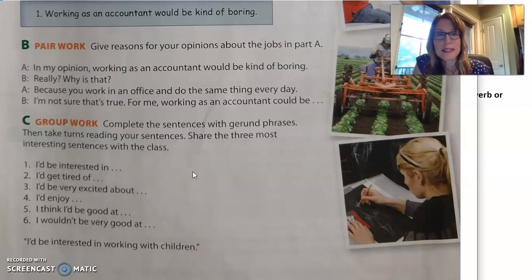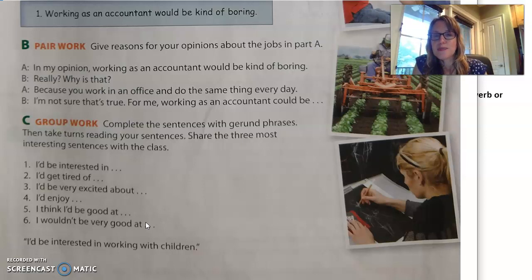That would be my example. Or I'd get tired of working long hours. Or I'd be very excited about working with movie stars. I don't know. Okay, so again, we have prepositions here and, here's a verb, some more prepositions. They are all followed by gerunds.